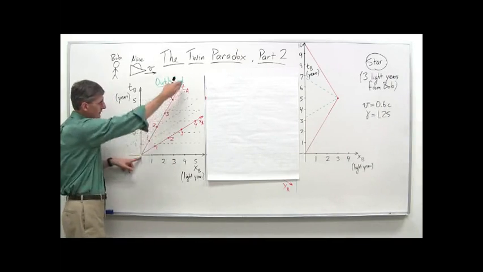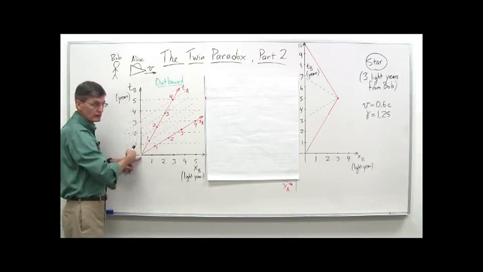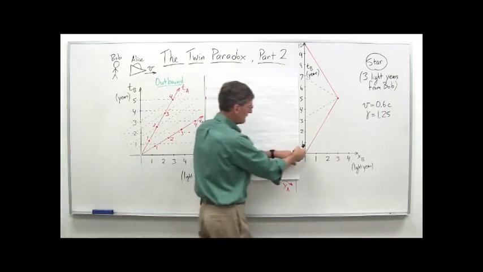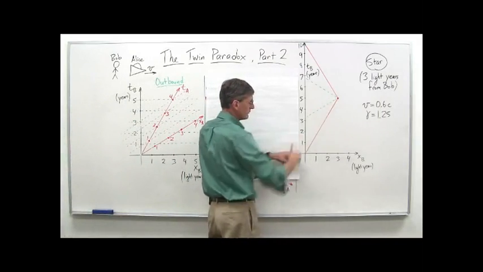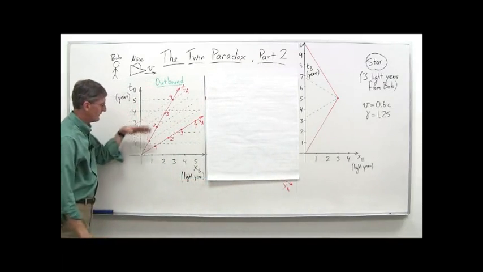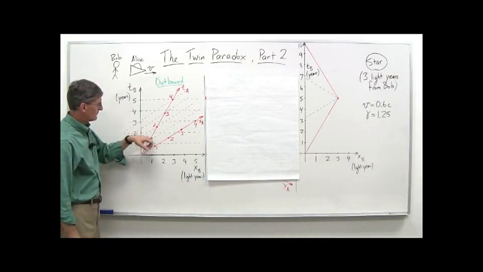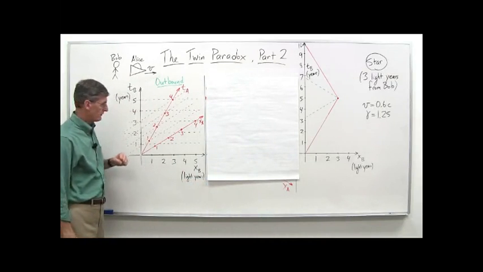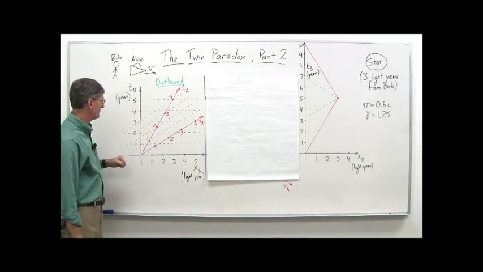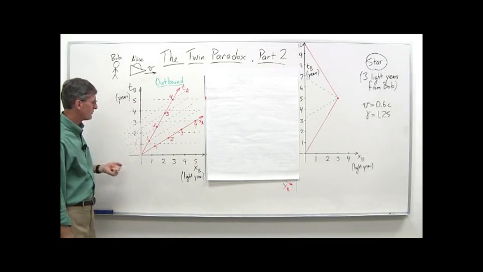So really, this line right here, which is her world line traveling through Bob's frame of reference, is the same as this line right here, traveling out to the star. And we've just put the lines of simultaneity in and also the scale markings for Alice's clock and actually her x-axis as well.